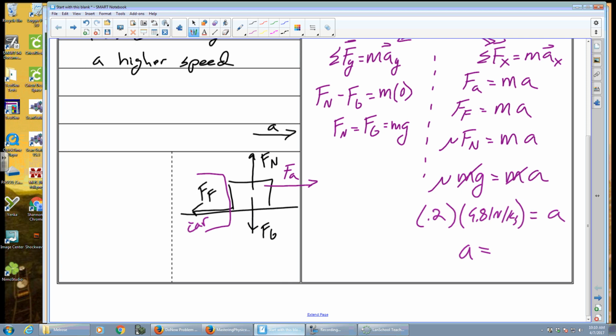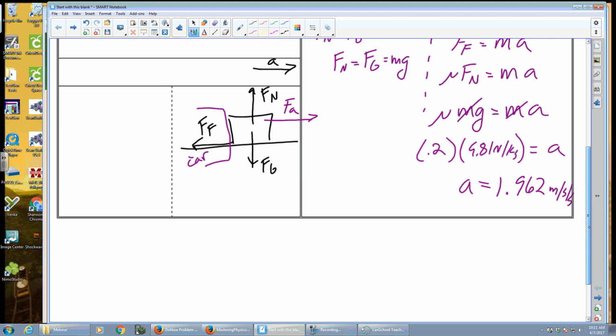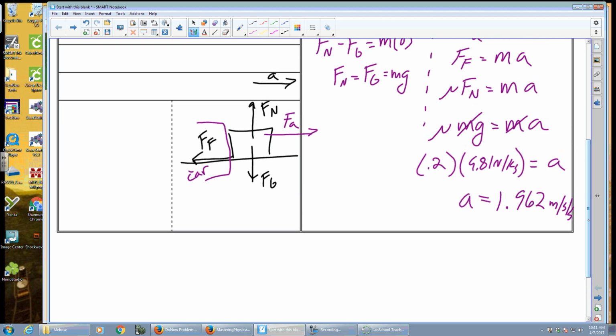Something like 1.98 or something. Yep. 1.962 meters per second every second. Then we move on to part B.